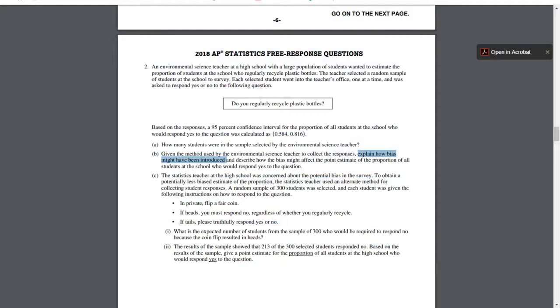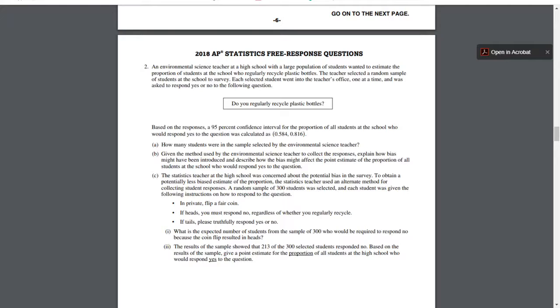Alright, C. The statistics teacher at the high school was concerned about potential bias in the survey. To obtain a potentially less biased estimate of the proportion, the statistics teacher used an alternative method for collecting student responses. A random sample of 300 students was selected, and each student was given the following instructions on how to respond to the question.